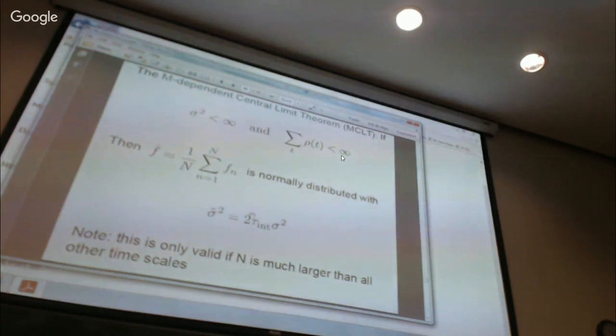So if you get a new data set from this original data set by averaging successive elements, like this, now I have my new x tilde 1 all the way down to x tilde n over 2. This new data set has a reduced autocorrelation time. It's now equal to 1.